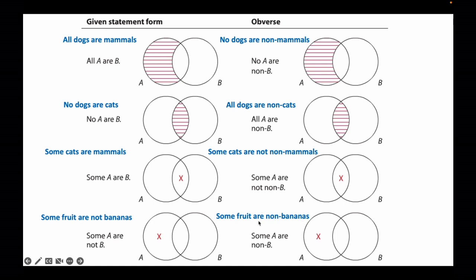We know that some fruit are non-bananas, because not all fruit are bananas. There are many other types of fruit. Great, so obversion yields exactly the same statements, equivalent statements, and it preserves the truth value of all four categorical statements.